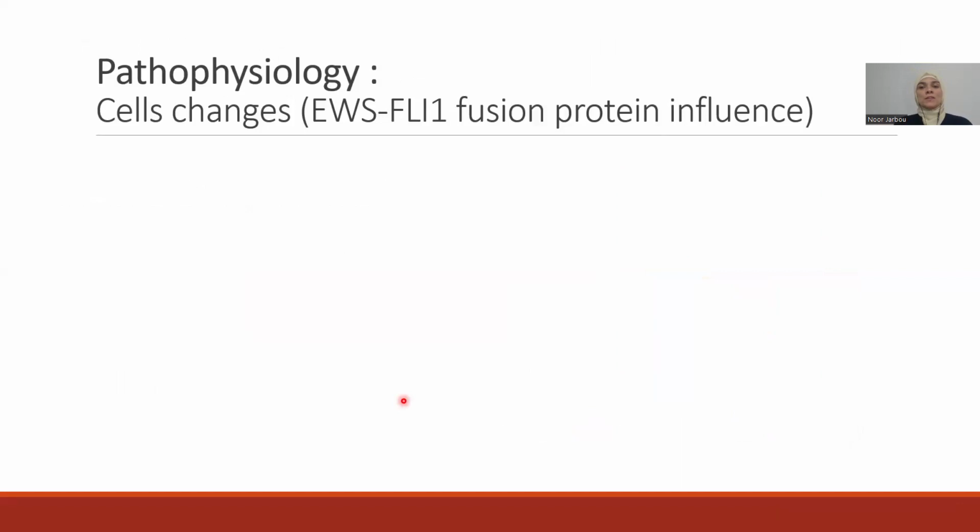Now, it was found that the formation of the EWS-FLI1 fusion protein alone is not sufficient for the disease, as indicated by previous in vitro studies. However, the fusion protein does influence key changes resulting in Ewing sarcoma. These key changes were reported to be three main changes.